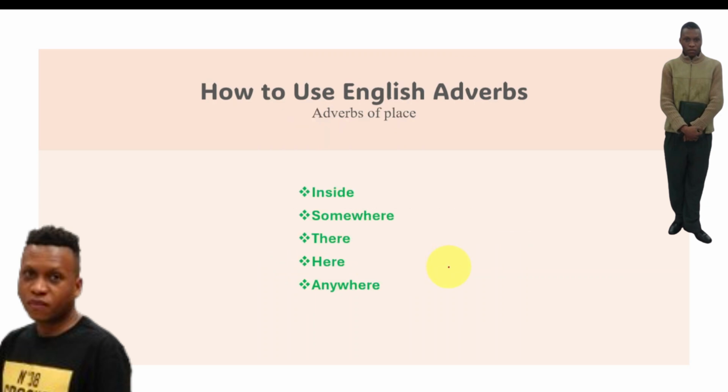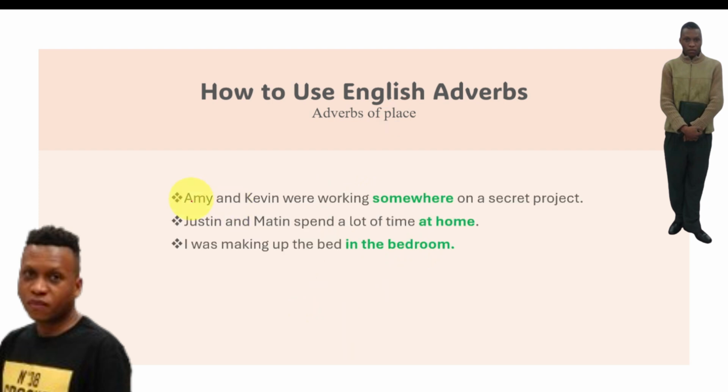We come here. This one is for the place: inside, somewhere, there, here, anywhere. Amy and Kevin were working somewhere on a secret project. Justin and Martin spent a lot of time at home.